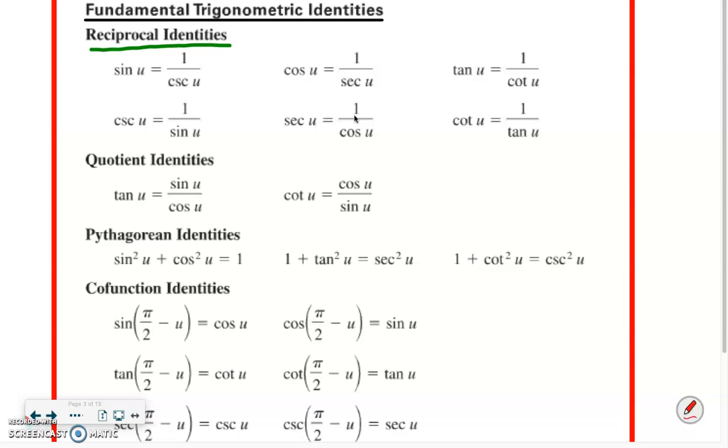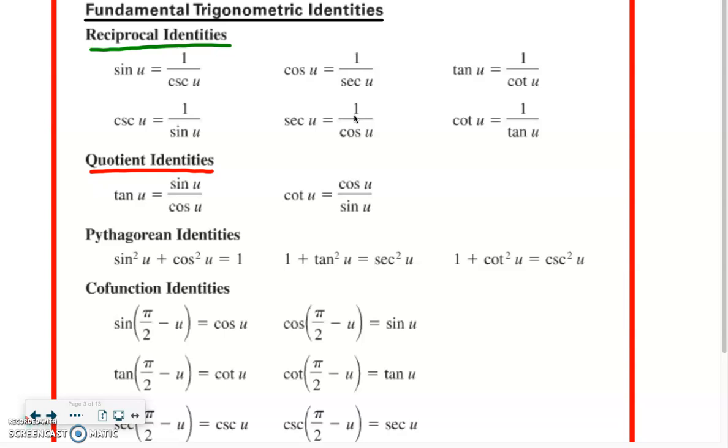The other ones that we hopefully have a really good feeling about: this was introduced not this year, but last year in Algebra 2, that tangent's equal to sine over cosine. This is one that we used a lot throughout Chapter 4. All that knowledge of the unit circle, without this quotient identity that tangent's equal to sine over cosine, we would not have been able to progress very far with our evaluations.